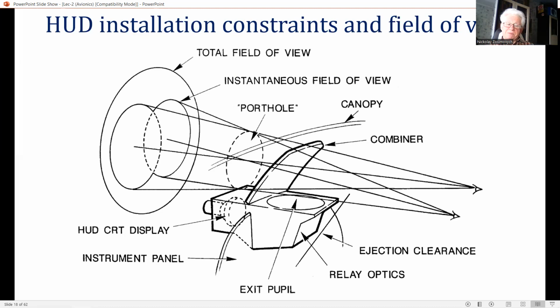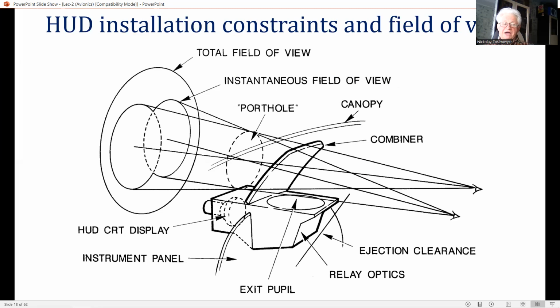The analogy can be made of viewing a football match through a knothole in the fence, and this FOV characteristic of a HUD is often referred to as the knothole effect. Okay? The constraints involved in the HUD design are briefly outlined a bit later.